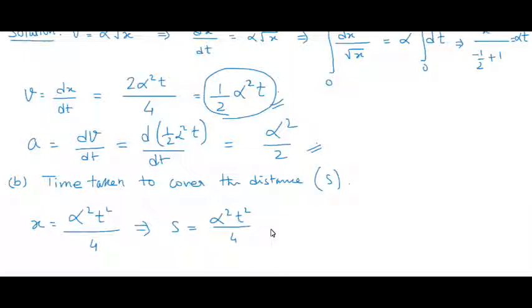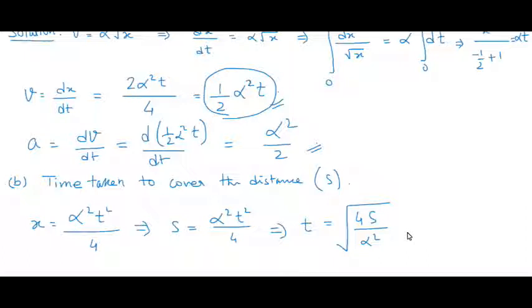Since x is s, the distance, we can directly write t. What will be the value of t? t will be equal to the square root of 4s upon alpha square.